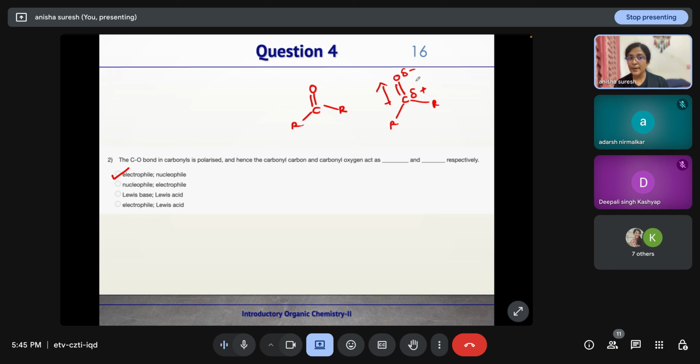So the carbonyl carbon can act as an electrophile, and the oxygen can act as a nucleophile.